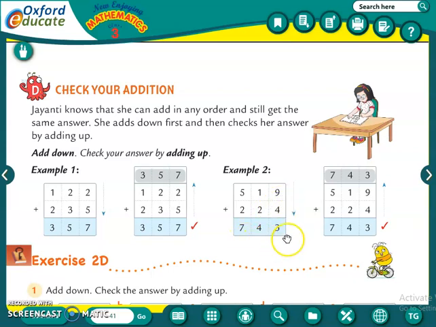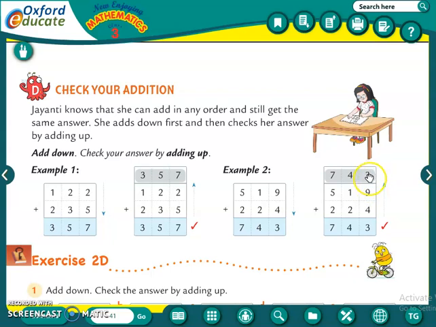Now if we want to check whether our answer is correct or not, again we will write these numbers, and how will we do it? We will do the sum by adding up. So 4 plus 9 is equal to 13.